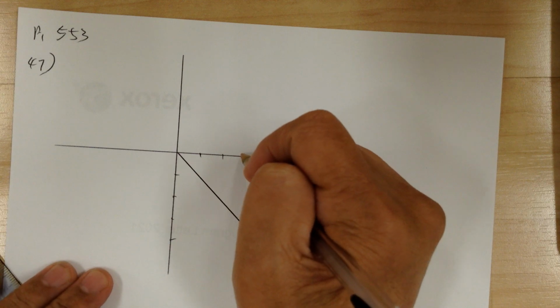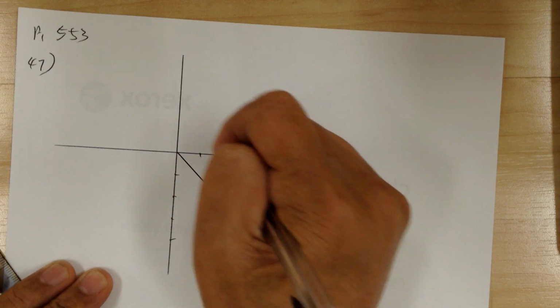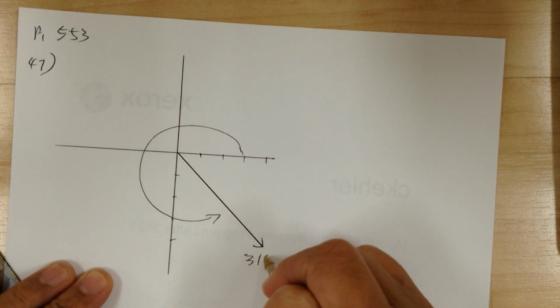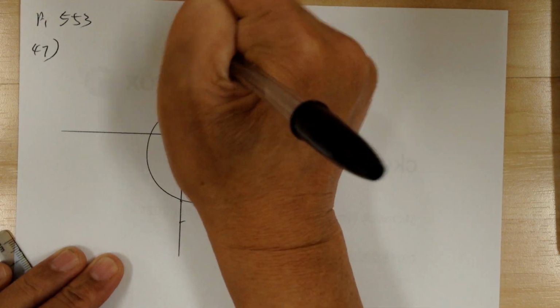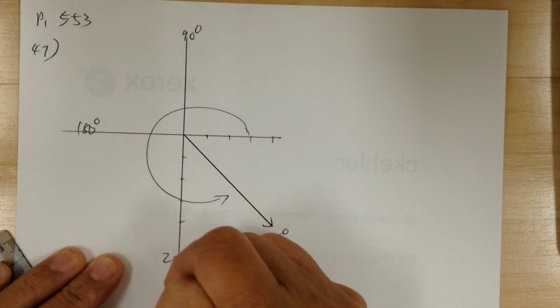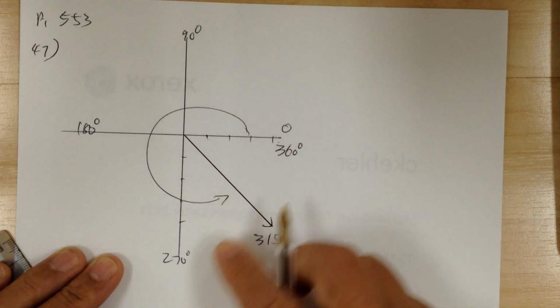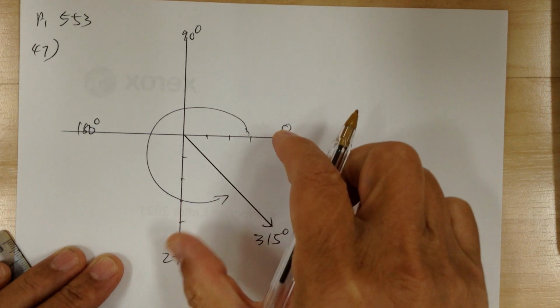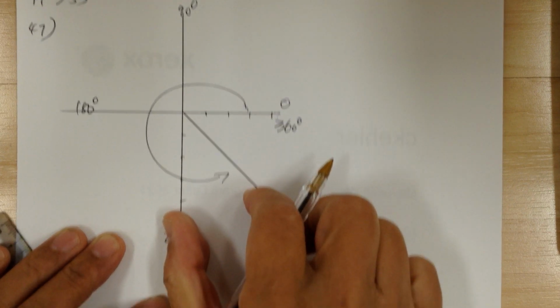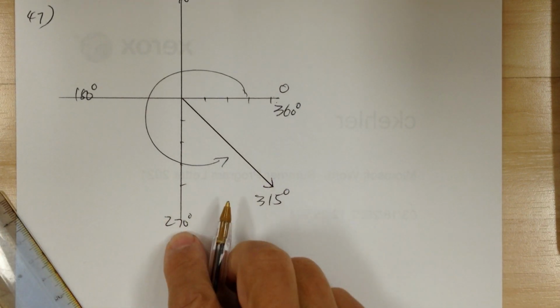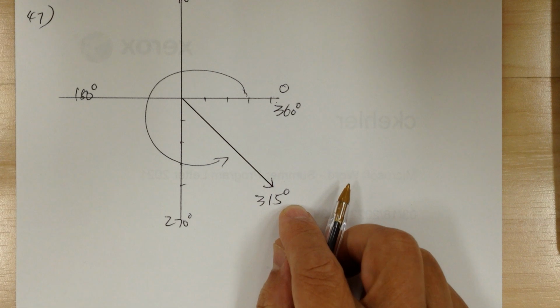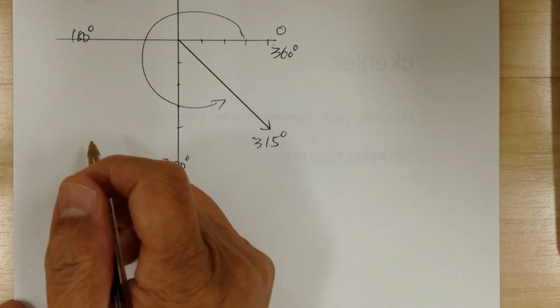Notice it's exactly halfway, so this is going to be equal to 315 degrees because this is 90, 180, 270, and this is 0 and 360 degrees, right? So this is halfway in between. This is 90 degrees, so half would be 45. So you add 45 to 270, which gives you 315. So you don't really have to use the protractor for it.